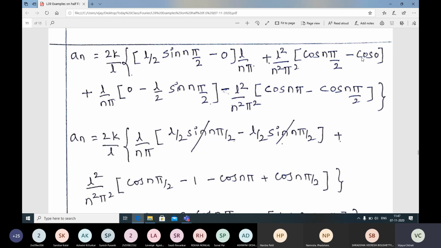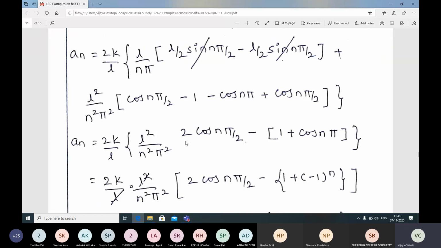Next, here from these two we can take L square divided by n square pi square outside. So inside, cos n pi by 2 minus cos 0 is 1, right? And we have taken L square divided by n square pi square outside, minus is there, minus cos n pi, right? This minus into minus is plus cos n pi by 2. Cos n pi by 2 plus cos n pi by 2 is 2 cos n pi by 2, and this is common. And inside next, what terms are left here?